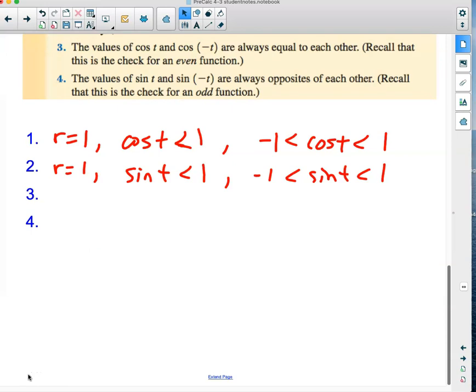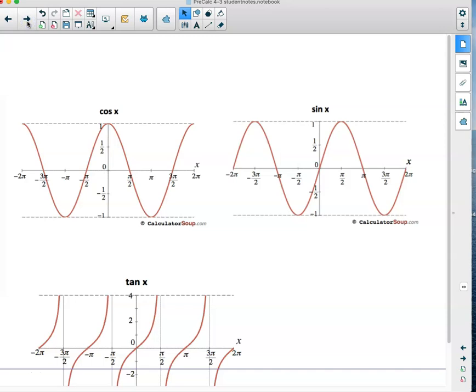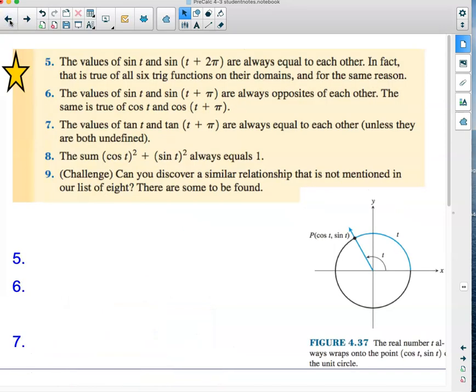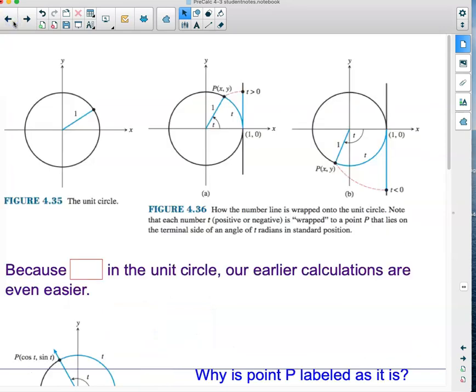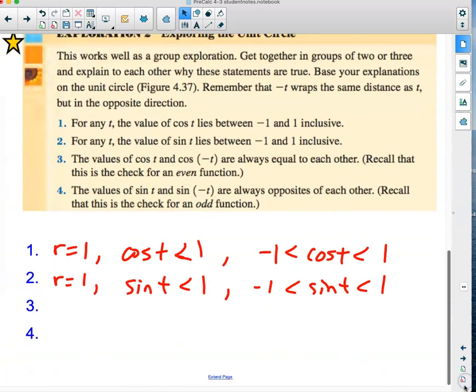3 says the values of cosine of t and cosine of negative t are always equal to each other. And recall that this is a check for an even function. So this makes a little bit more sense if we look at the graphs and we see that the cosine of pi over 2 and the cosine of negative pi over 2 both land at 0. And making that connection is probably a little better for us right now than our limited knowledge of the unit circle.